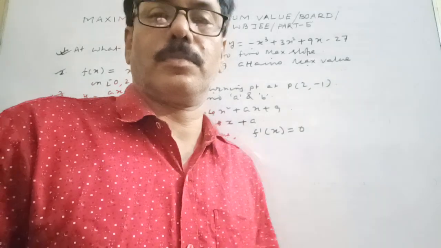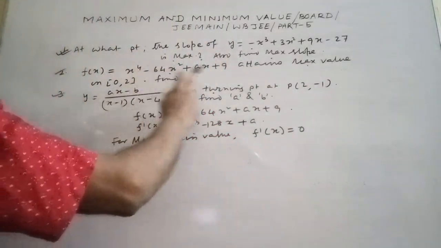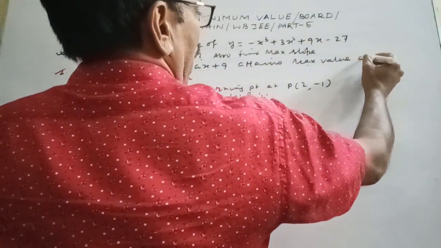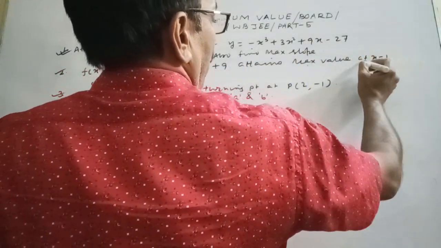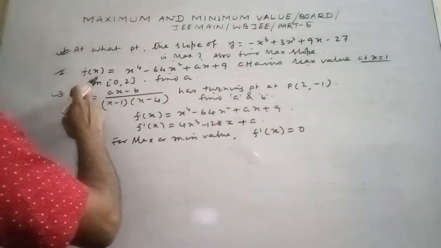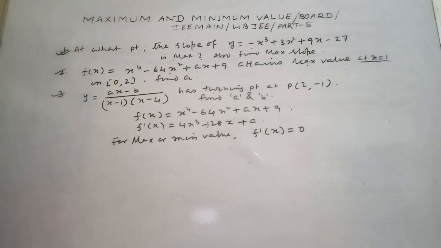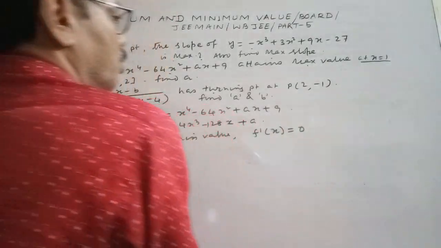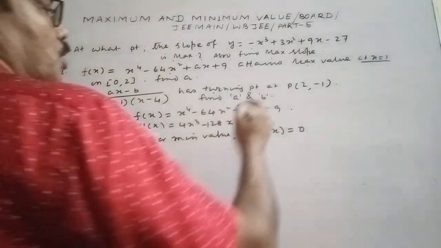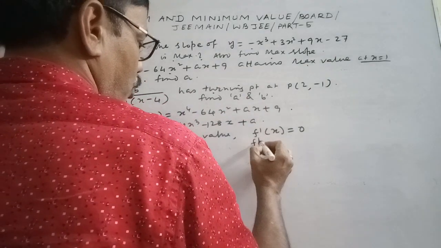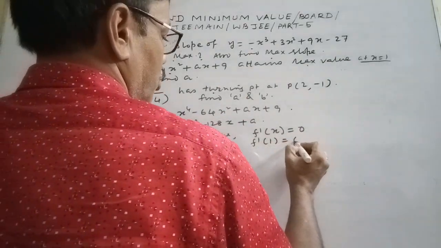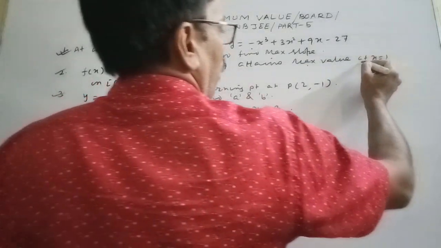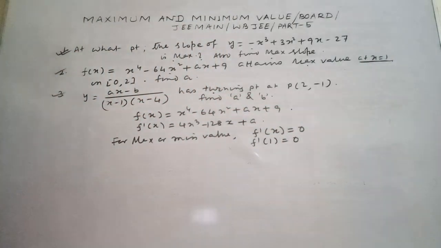So f of x attains maximum value at x equals 1. Find a. For maximum or minimum value, f dash x equals 0. So it is maximum, so f dash 1 equals 0.